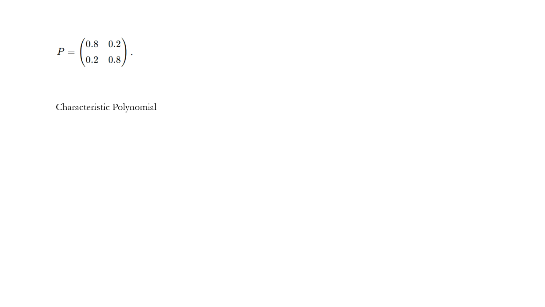We use a characteristic polynomial, which is this formula, the determinant of P minus lambda I. We subtract lambda from the diagonal entries, right? And then we multiply that out: 0.8 minus lambda times 0.8 minus lambda, minus 0.2 squared.